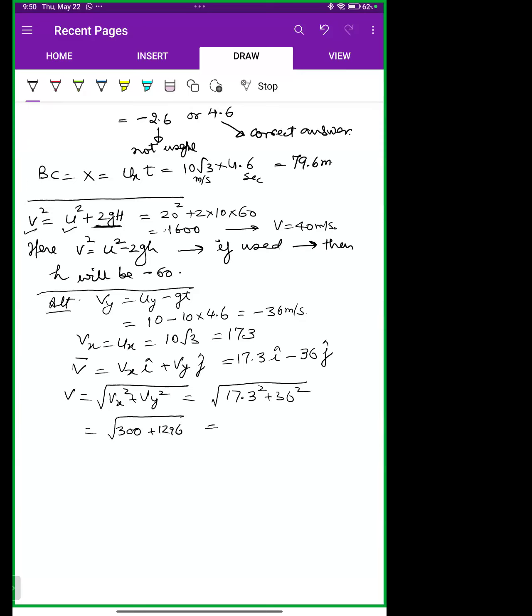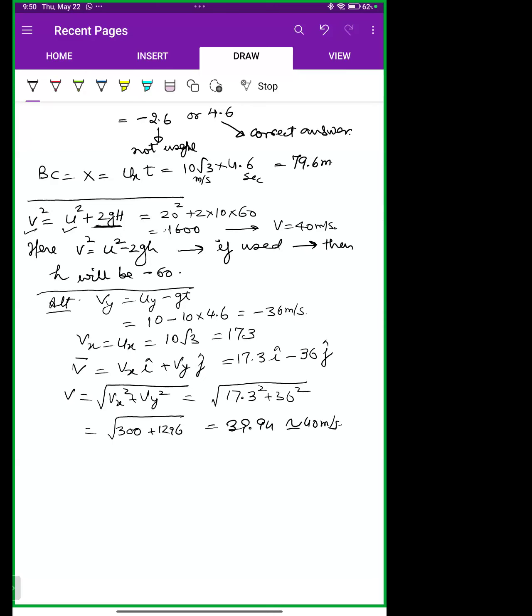So the total is 1596. Root 1596 is 39.94, obviously 40. That is 40 meter per second. You got it in both forms.